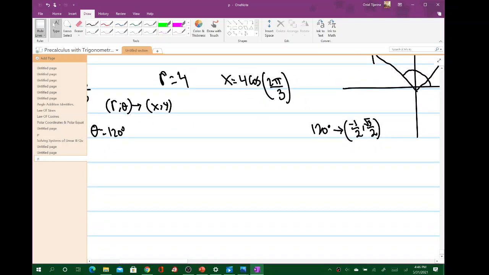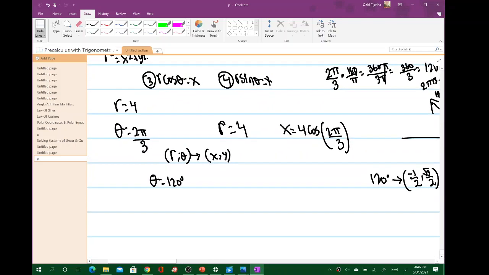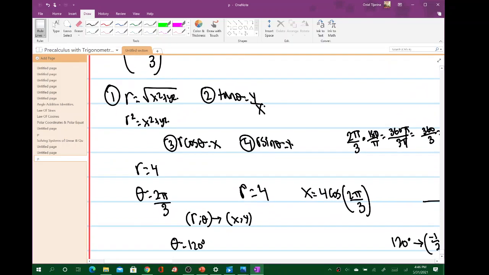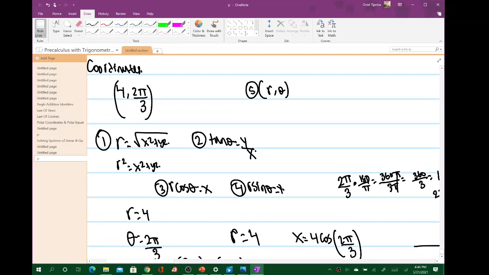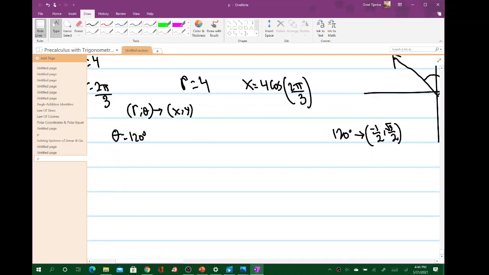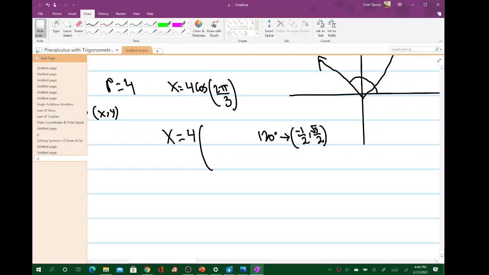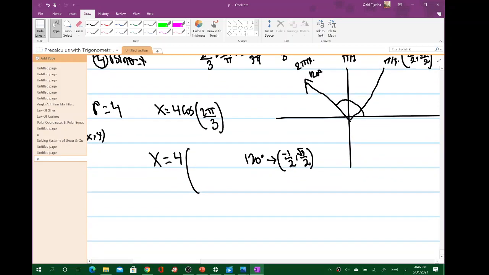So we have (4, 2 pi over 3), and we want to convert it to (x, y). So x is just going to be 4 times the cosine of 2 pi over 3, which is the x term of 2 pi over 3, which is negative 1/2.